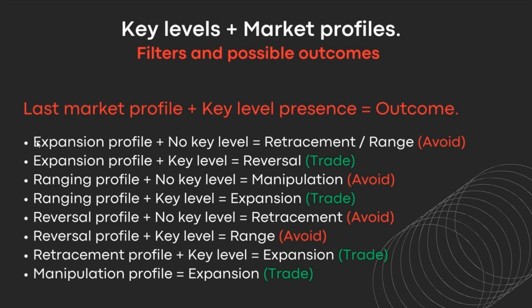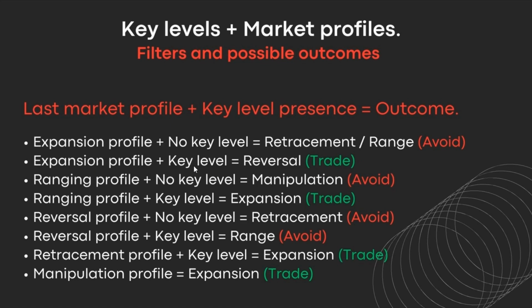Here we can see that if the last profile that has ended is an expansion profile, and it ends before testing a key level, and a key level isn't present, then what are we going to expect? We're going to expect either a retracement or ranging profile, and we're going to avoid trading them, because we only trade what? We only trade expansion and reversal profiles.